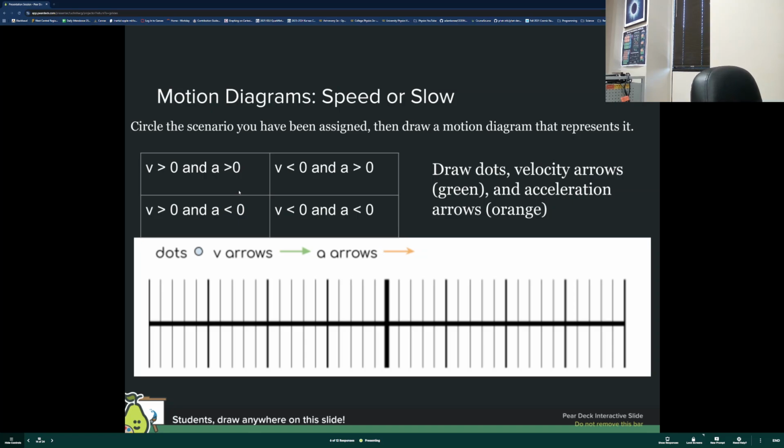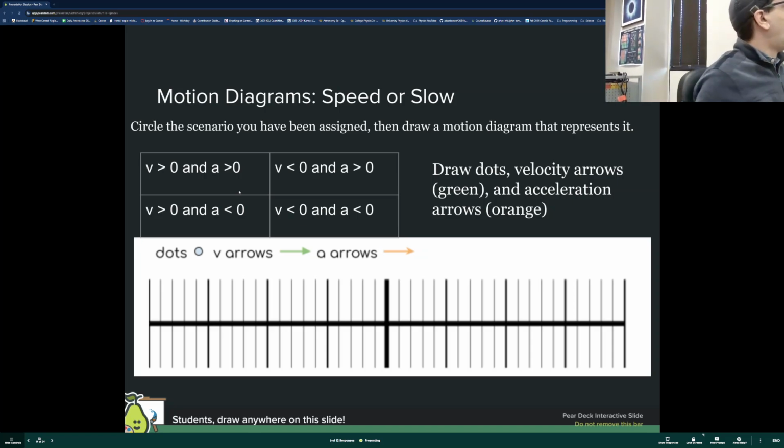You really need to go all the way from one dot to the next dot because quantitatively we're showing the displacement here. And then I might as well show the acceleration vector. So formally, what's going on with the acceleration vector is it's telling you what you need to add to the, so I'm looking at this second dot.